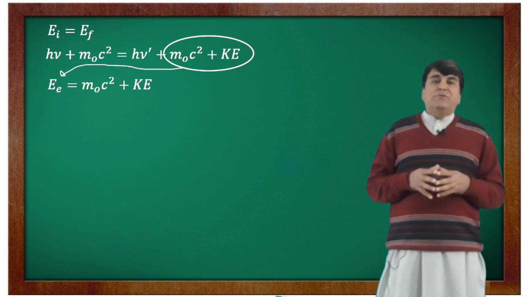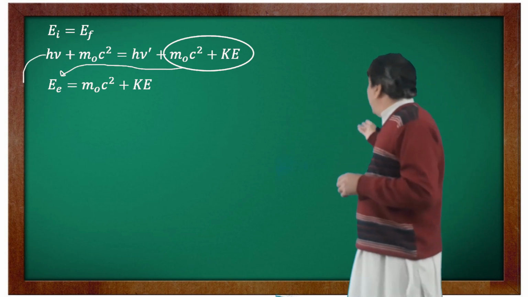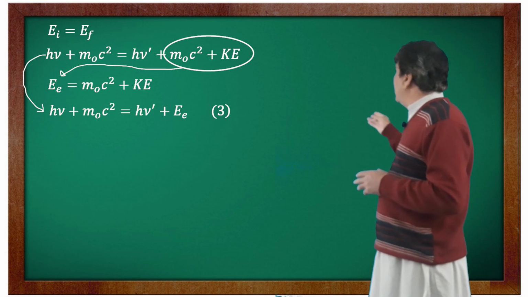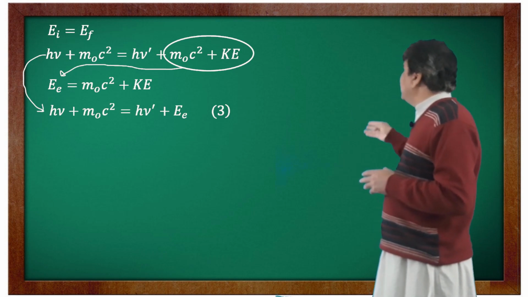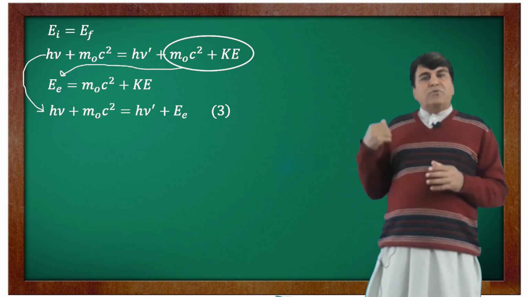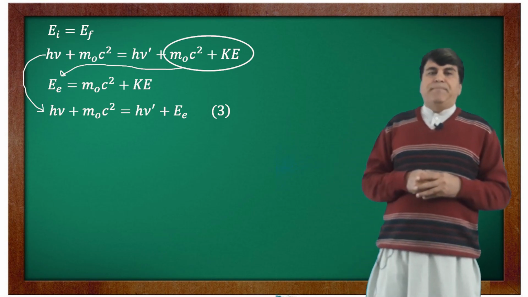With this substitution, the above equation can be rewritten into the form h nu plus m naught c square equals h nu prime plus E sub E. And I denote this by equation 3.